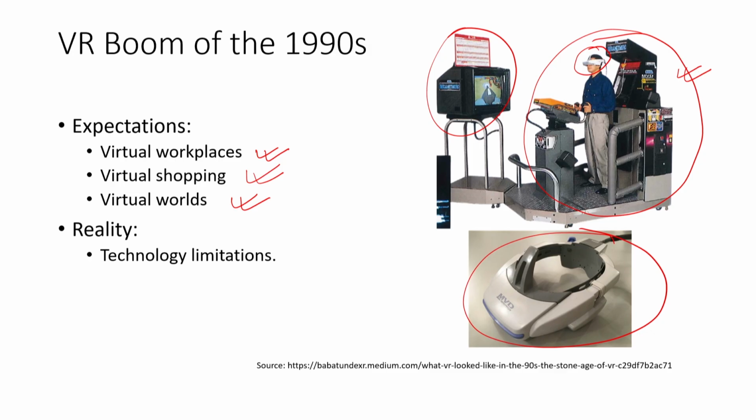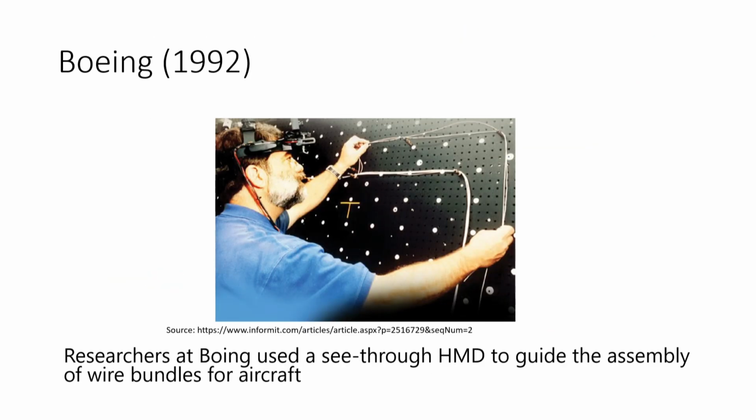1990s looked like. While there was a boom in the early 1990s, the reality was that there were some limitations. Because of these advancements, people also found that these technologies have not yet evolved to the stage where they can provide you complete immersion. Some of the key developments from the 90s are now discussed. So, you can see here an image from Boeing in 1992.